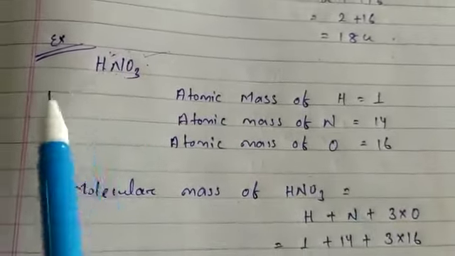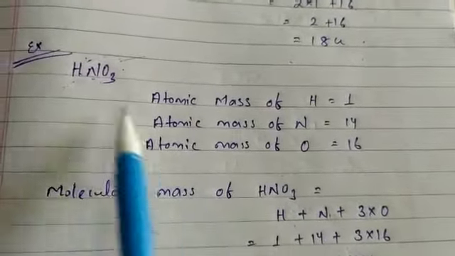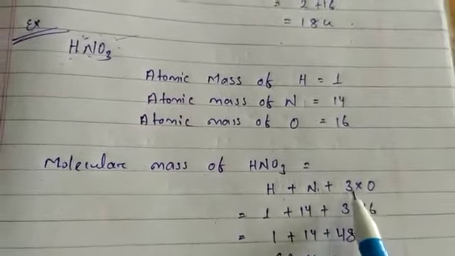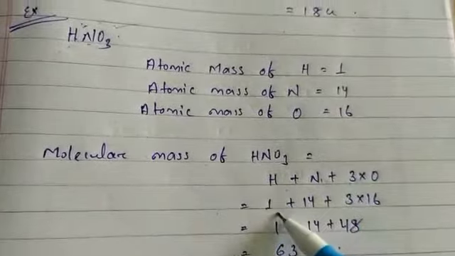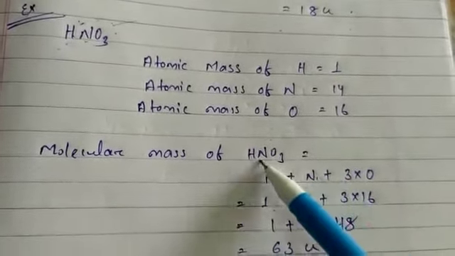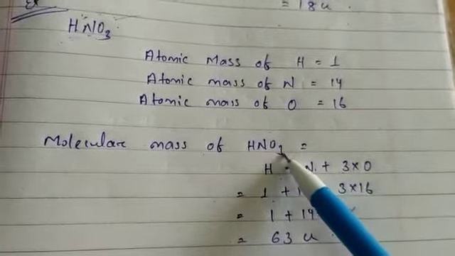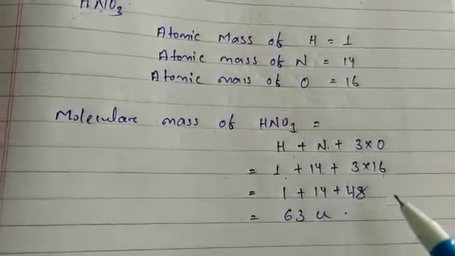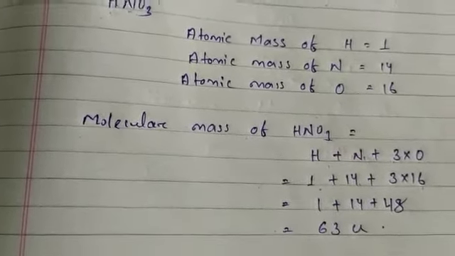Hydrogen is only 1 and nitrogen is also 1, but the oxygen subscript is 3, so we write 3 into oxygen. We put the values: hydrogen 1, nitrogen 14, and 3 into the atomic mass of oxygen 16. Then you can calculate the molecular mass of HNO3 as 63U.